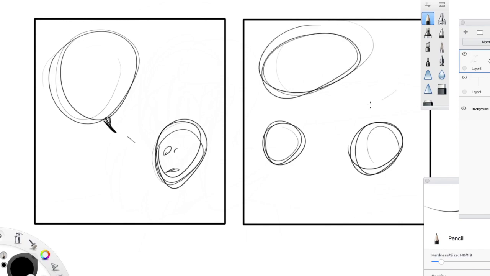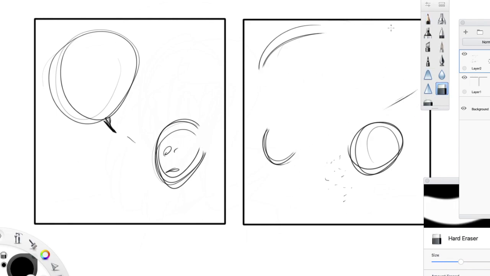If you have two people talking, and for whatever reason it's pointing in this kind of direction, nobody knows if this person is talking or if this person is talking, so just be careful about that.